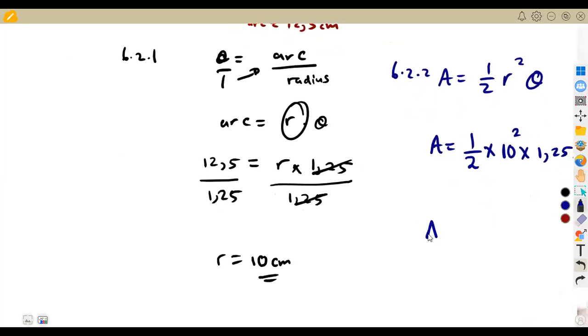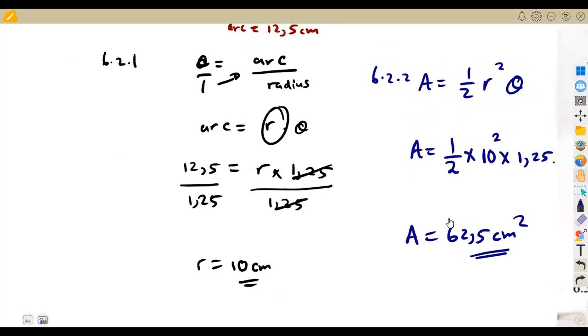You only convert if they gave you degrees, then you have to convert to radians. So that was going to give us an area of 62.5 square centimeters. Definitely it's going to be square centimeters, since the radius is measured in centimeters, okay?